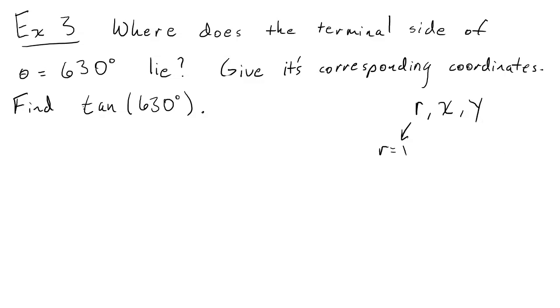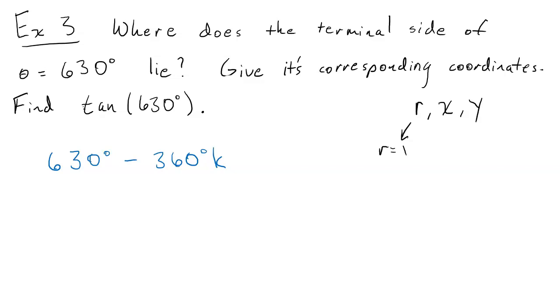So, okay, here we have 630 degrees. We're going to start by using our coterminal angle formula to find our least non-negative coterminal angle. So we do 630 degrees minus 360 degrees times k.